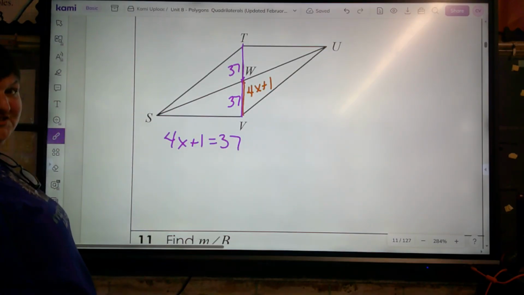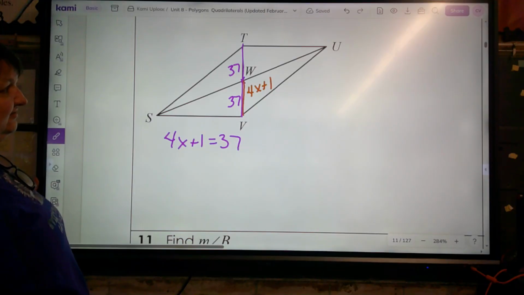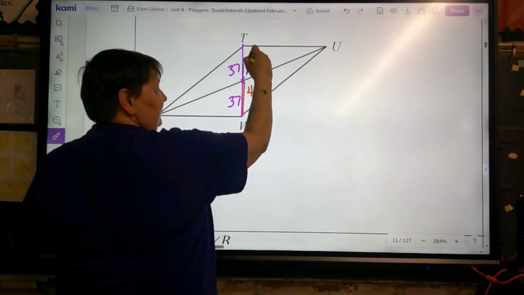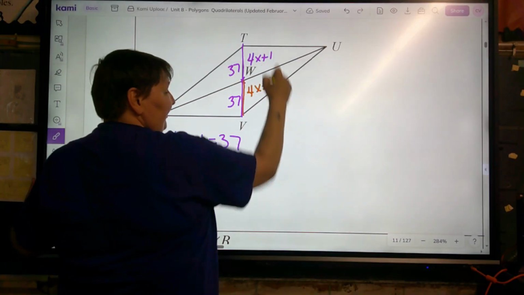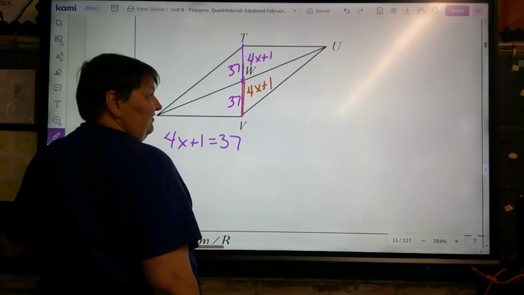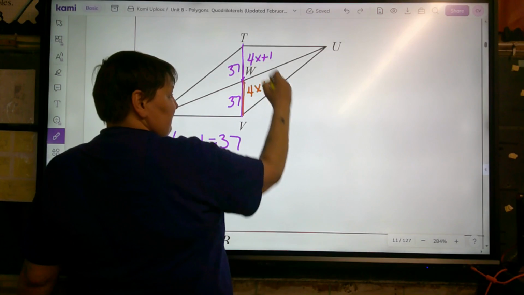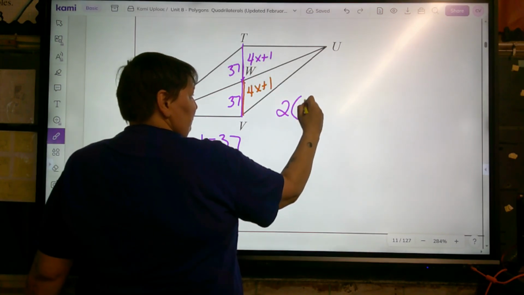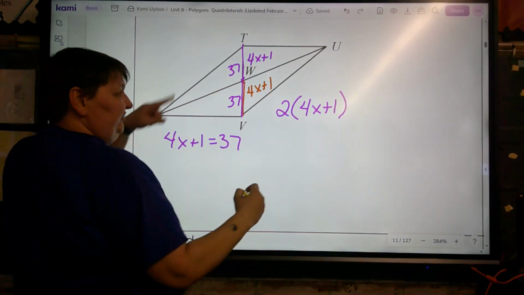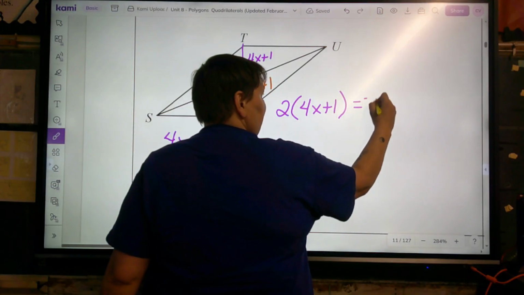And then isolate your x. We also know if this is 4x plus 1, then this is 4x plus 1, right? So we know that 2 of these, 2 times 4x plus 1, has to equal the original 74.